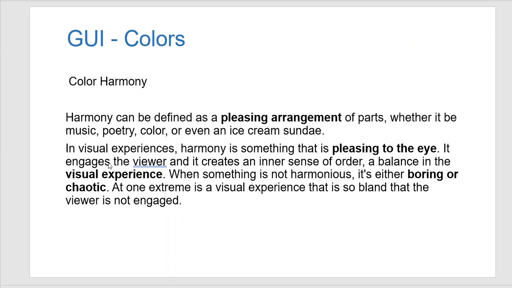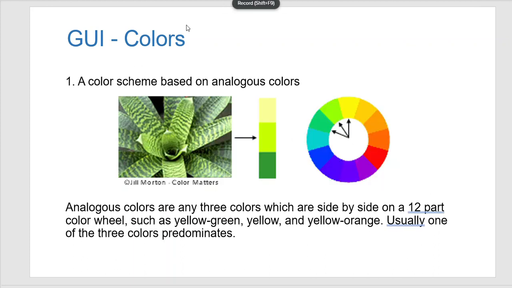in your user interface. And in your user interface, you could use color schemes based on analogous colors, which are somehow from the same area, and one example could be from nature, like here, the different variations of the green area.